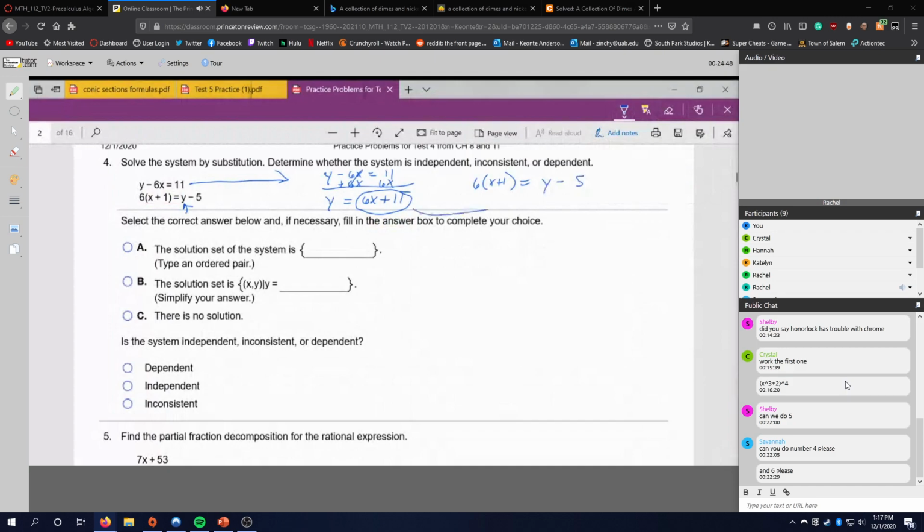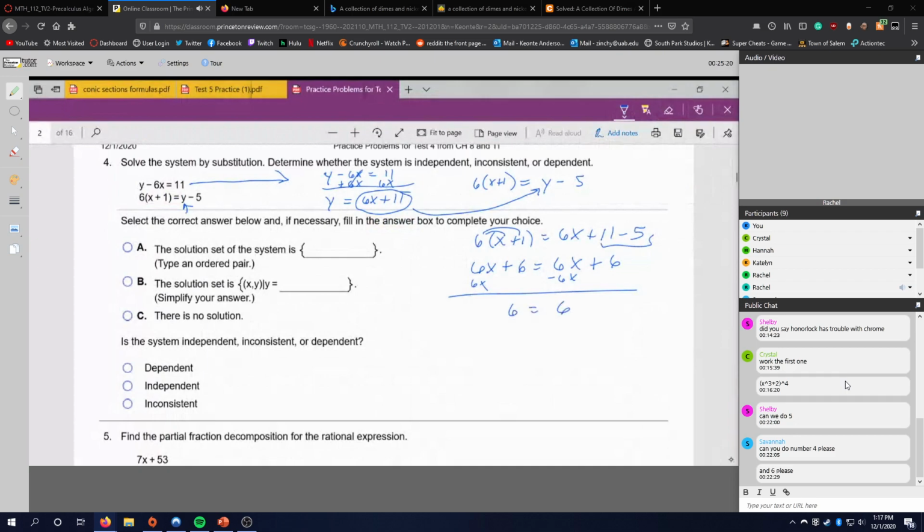So I'm going to put that in place of Y. So 6X plus 6 equals 6X plus 6, because I got to distribute there. And I have to subtract.